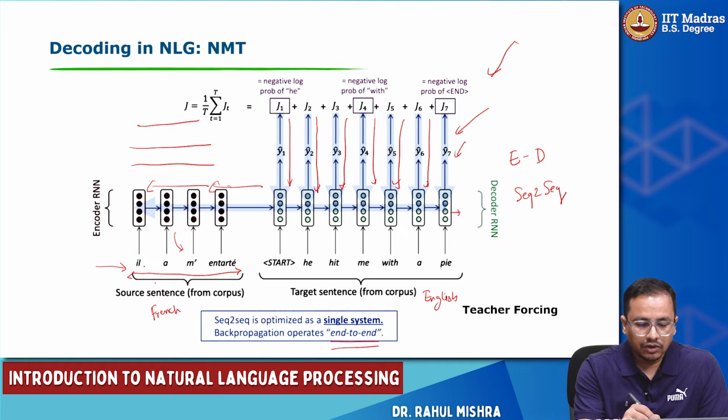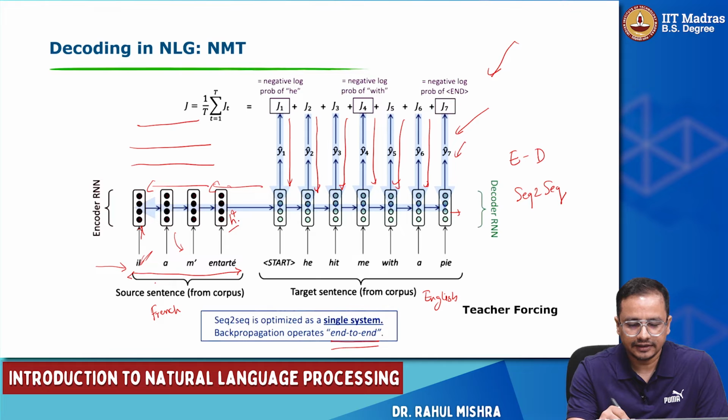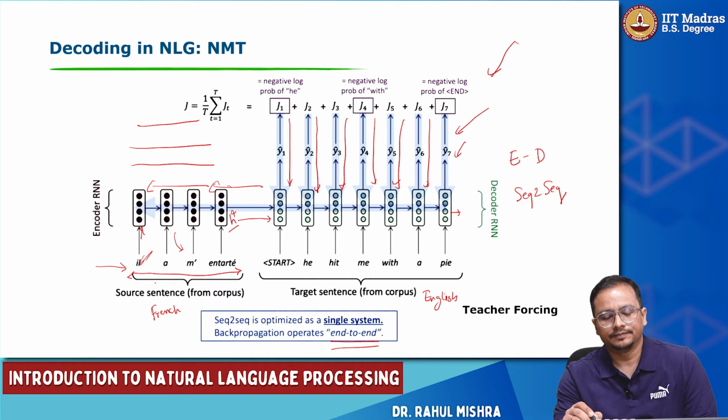Again, in a very similar fashion, each word and the embedding of the word will be fed to RNN1, the encoder RNN, one by one. And at the end, let's say this H4, the last hidden state, got generated, and then it will be passed to the decoder RNN.